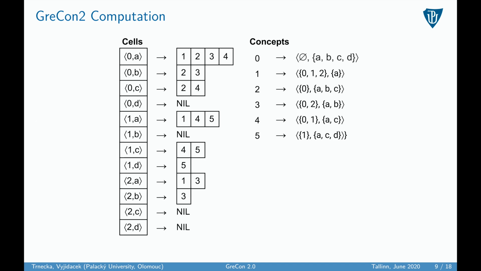The next step is to compute the array cells, where we store information about which concept covers which item in the matrix I. For example, item 0a is covered by 4 concepts: 1, 2, 3 and 4.